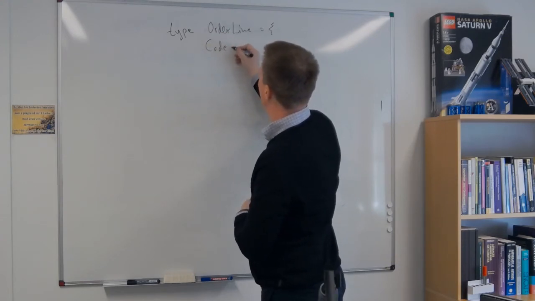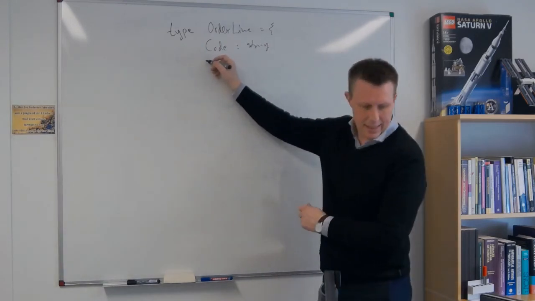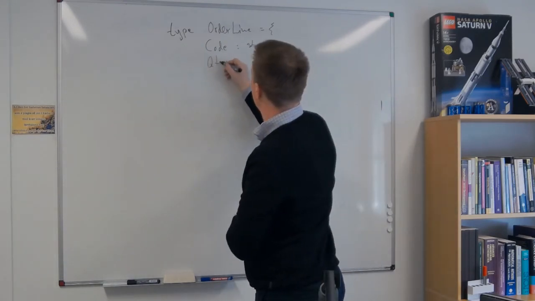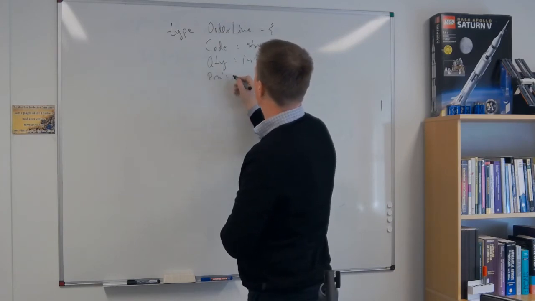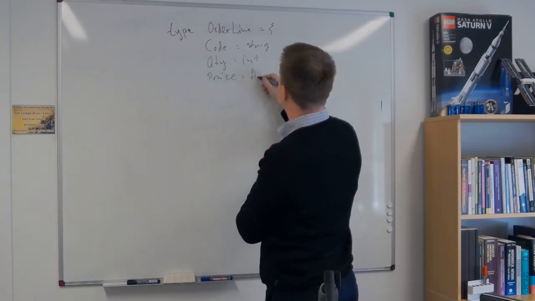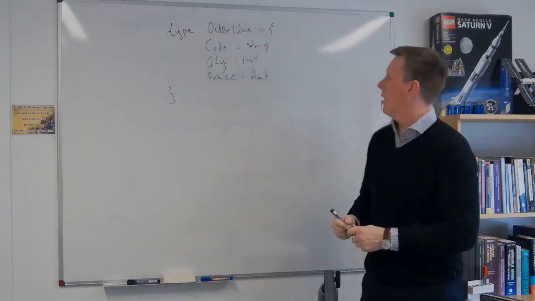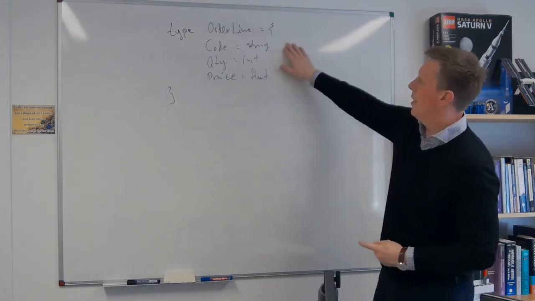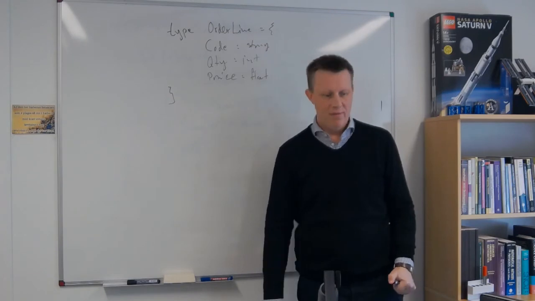This is the product code. It's a string. It has a quantity, int, and it has a unit price, which is a float. Right. So now you can say, oh, okay, I'm going to order 5 foo bars, each costing $5.